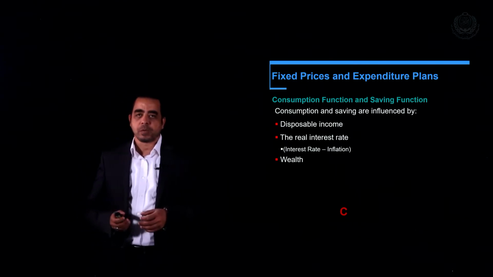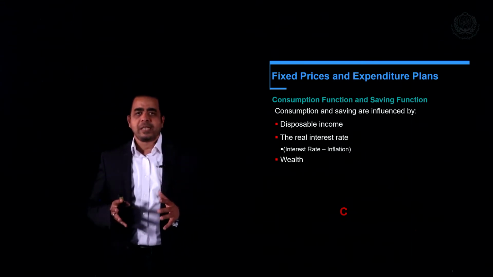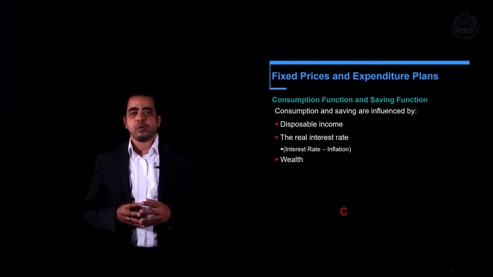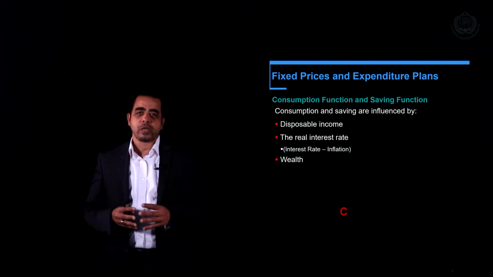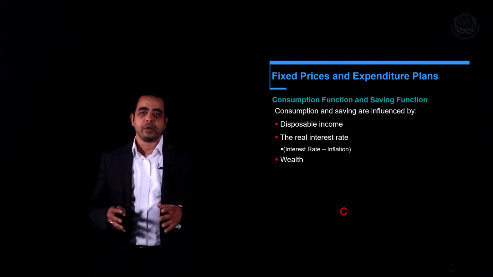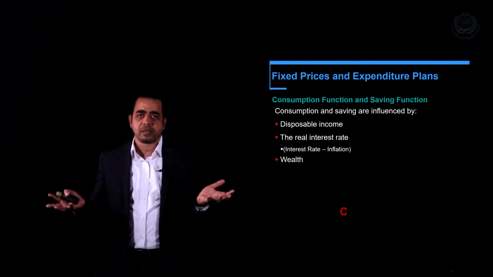What do we mean by disposable income? When you graduate and you are interviewed for your first job, they're going to ask you what salary you expect. So you'll tell them a number. So they will ask you, is that gross or net? What is gross or net?